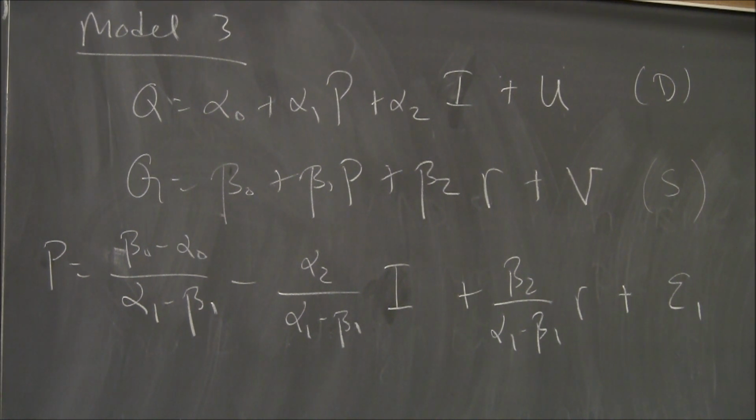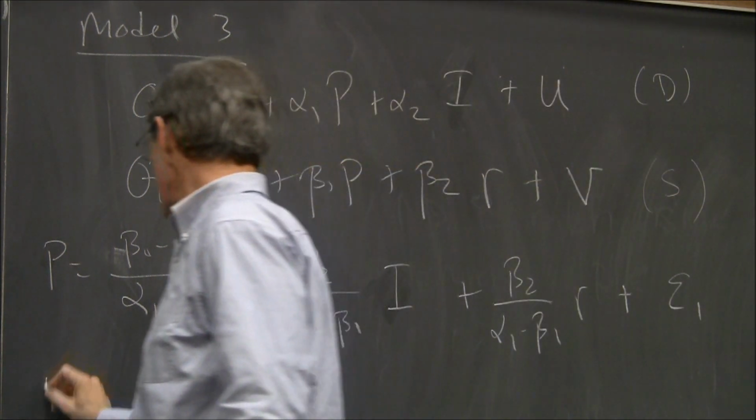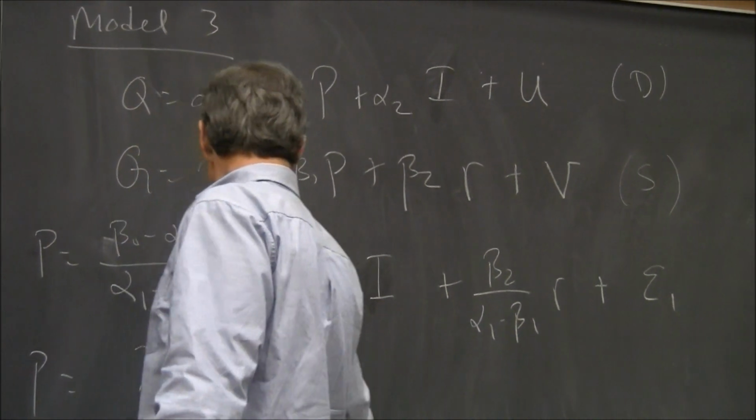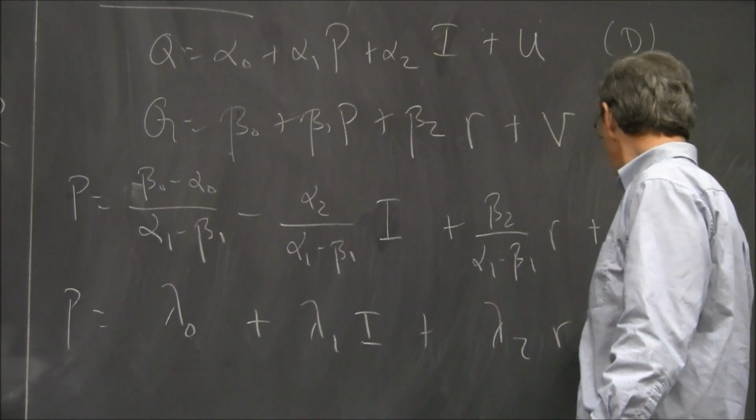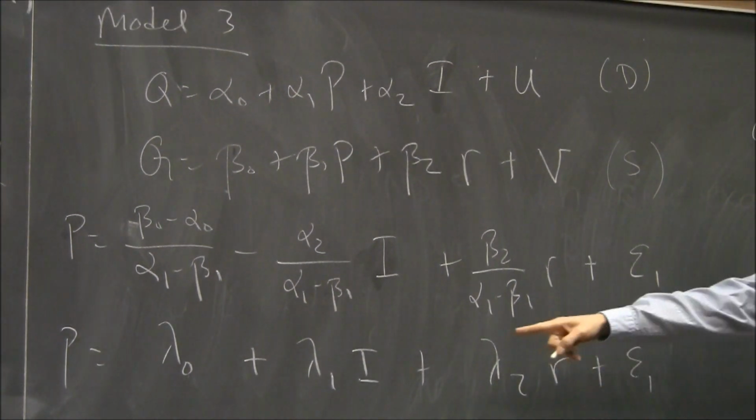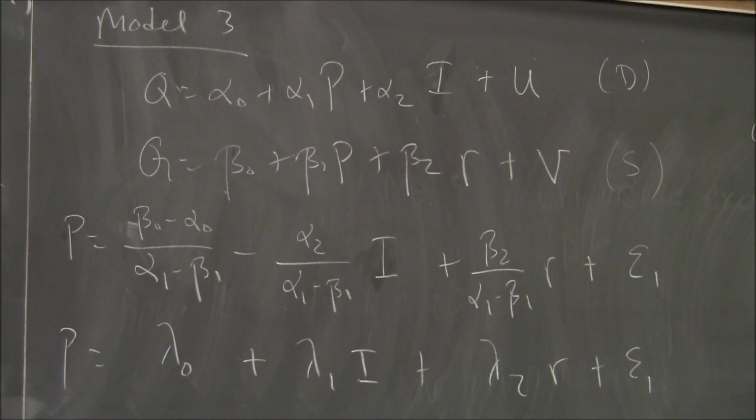It's going to be 1 over (alpha 1 minus beta 1) times (U minus V). So when we estimate this, what we'll get is a constant, a coefficient on I, and a coefficient on R, and this is our error. So this is what we'd actually estimate. This is the reduced form model that we'd estimate.